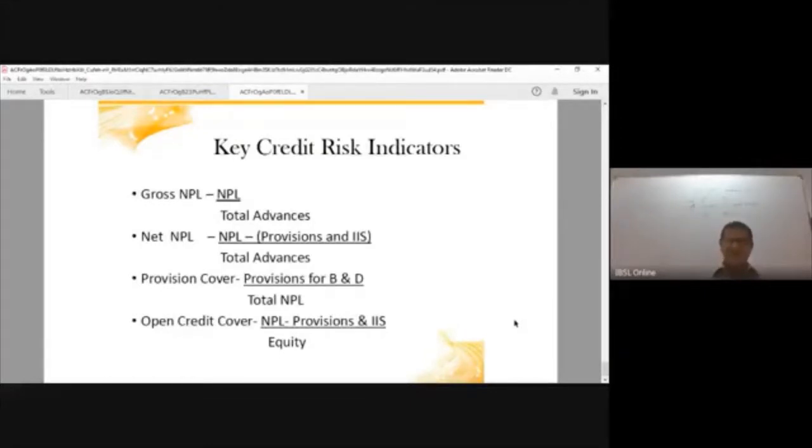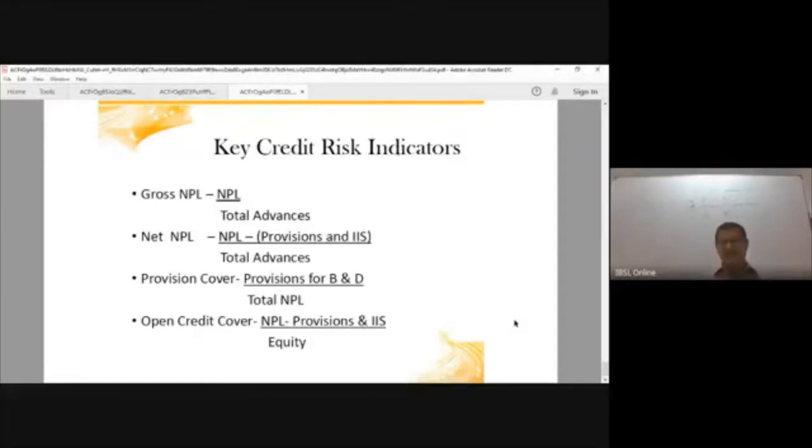Under the net NPL, you divide the NPL minus provision and IIS by total advances to arrive at a percentage of your net NPL. Now, instead of dividing NPL less provision and IIS by advances, you divide by your bank's equity.